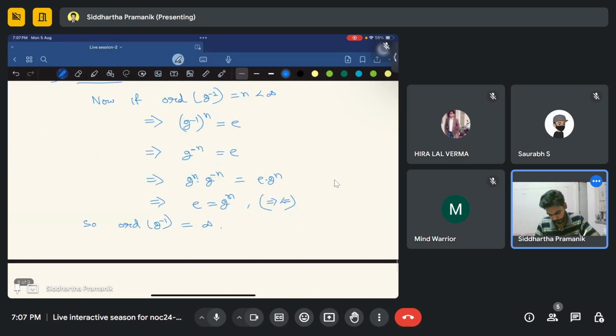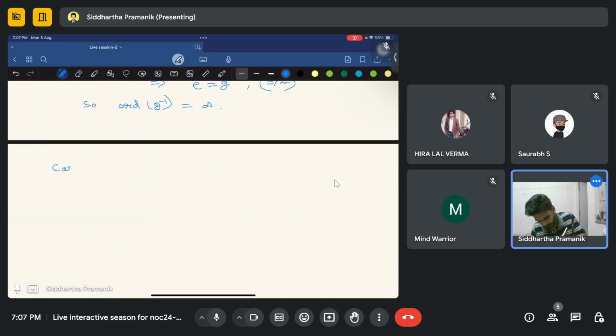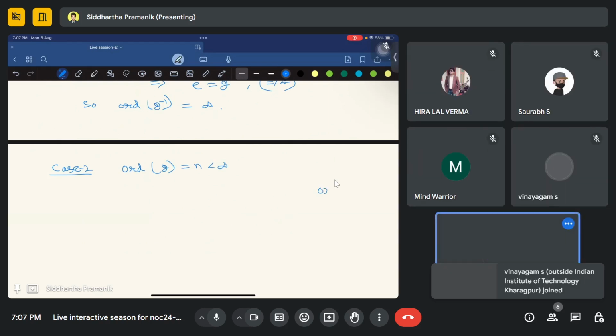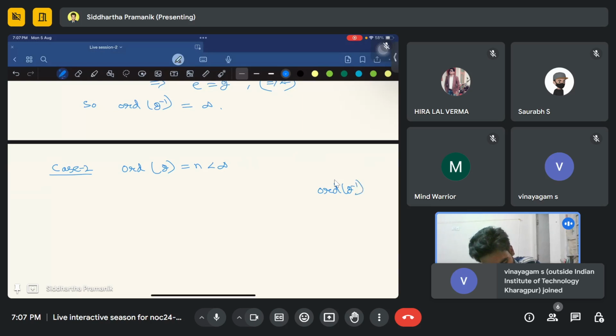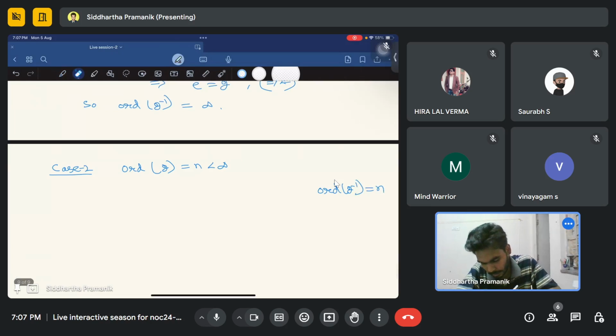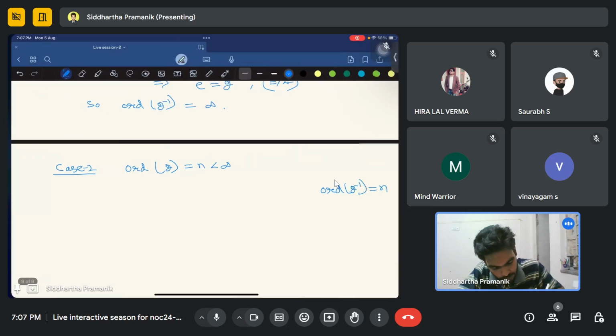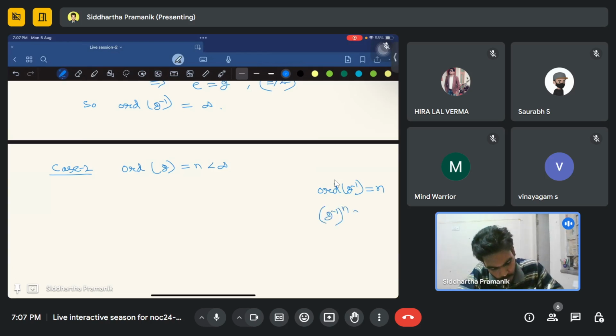Now case 2. So here assume order of g is finite and it is equal to n. So we need to prove order of g inverse is equal to n, right? So that means n is the least positive integer such that g inverse power n should equal identity. Here we can write g power n equals identity.